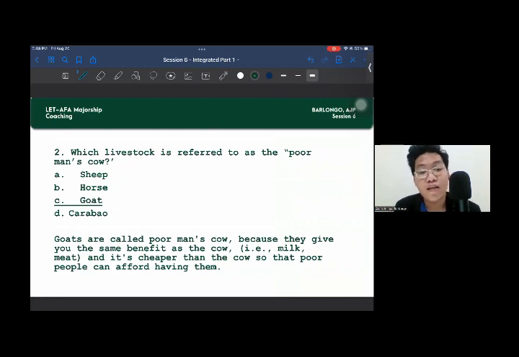So the goats are called as poor man's cow because they give the same benefit katulad ng cow. For example, yung milk nga nila tas yung meat, ayan. And it is also cheaper than the cow so that poor people can afford having them. Ayan. So this might be in the let kasi itong mga questions naman is kinuha ko rin sa mga ano. So yun. Poor man's cow is goat.